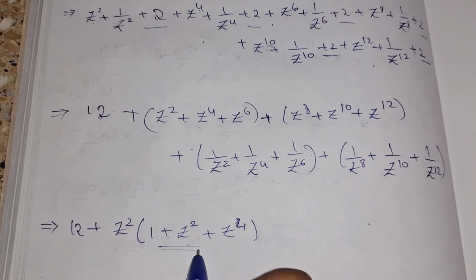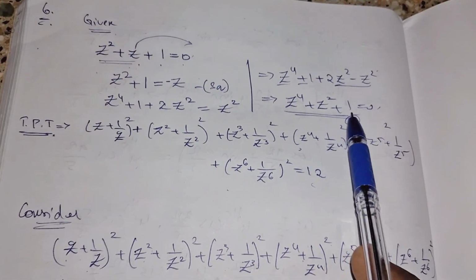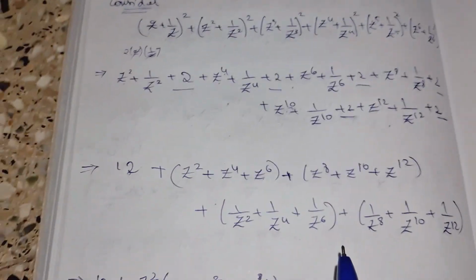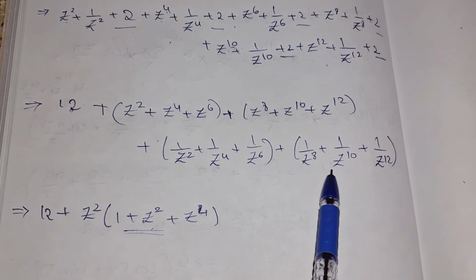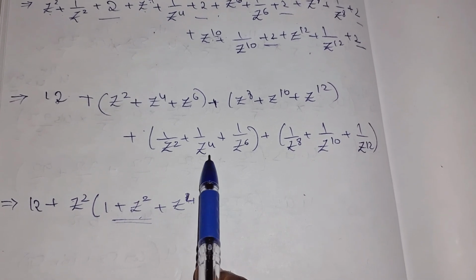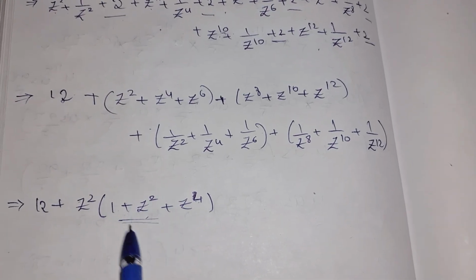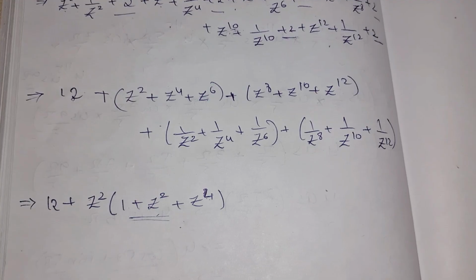So this is nothing but the condition we have got here, which we can substitute as 0. That's the reason we are combining these three terms, these three terms, these three terms and these three terms, so that if we take something common in this, we will get a condition which we have with the given condition, and we can substitute 0 over there, right?